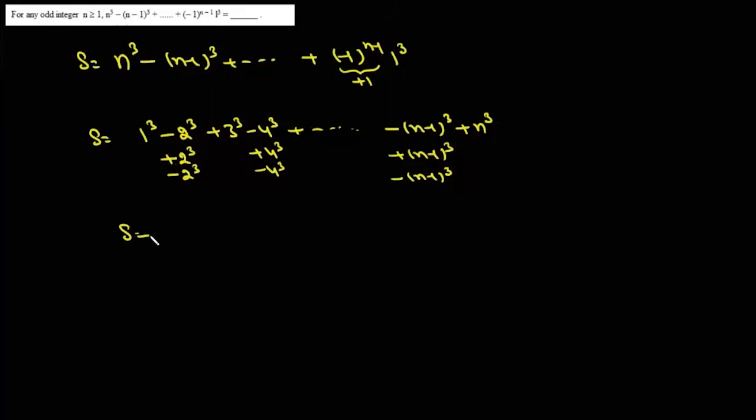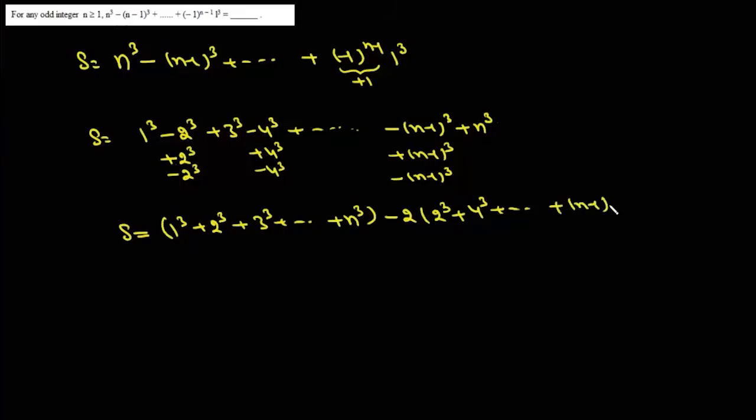So this s will become 1 cube plus 2 cube plus 3 cube up to n cube, and we'll take all the negative terms together. So here we have minus 2 cube and minus 2 cube, so there will be minus 2 into 2 cube plus 4 cube up to n minus 1 cube.